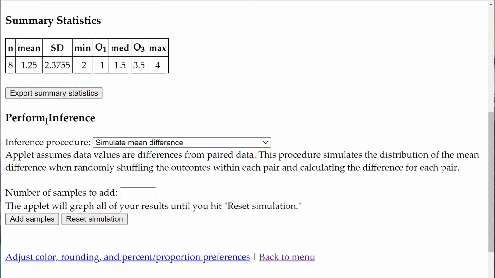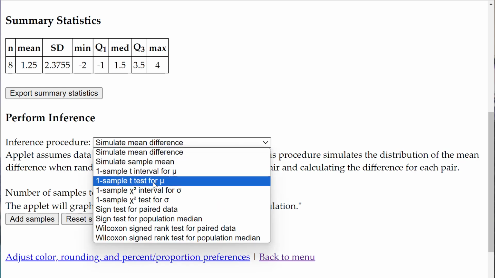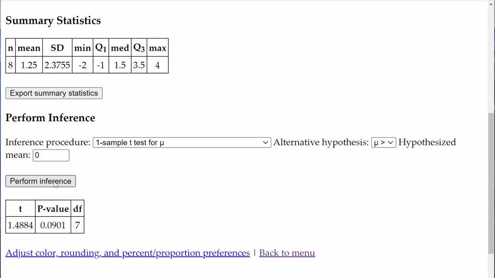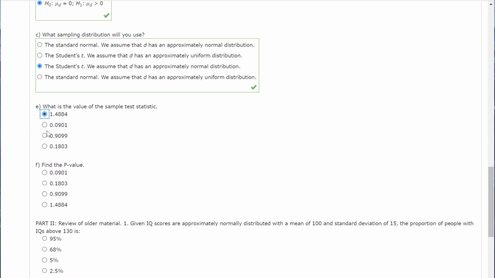All right, so we have our data there, and we begin our analysis, and we slide down to the perform inference section. We're doing a test, so it's a one sample t-test for mu. And our hypothesized mean is that the difference is bigger than 0, because we think the fertilizer is going to improve the yields. So I'm getting 1.4884. Boom.